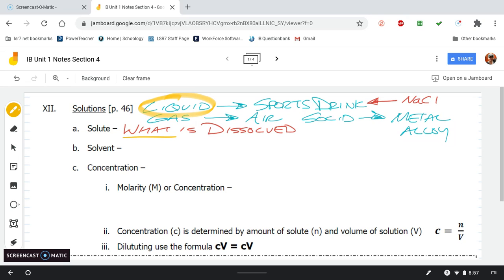And so the solvent does the dissolving. It basically surrounds the thing that gets dissolved. So it's going to surround the solute.